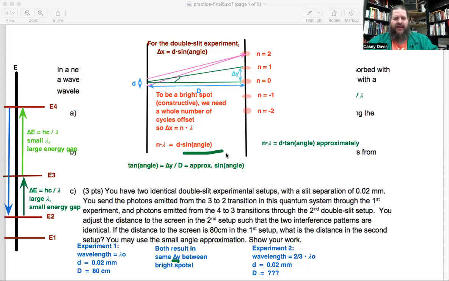And then tangent of the angle can be rewritten as delta y over D. So little d times delta y over big D. So we can use this as a very useful approximation that now relies entirely on distances and doesn't care about angles at all.